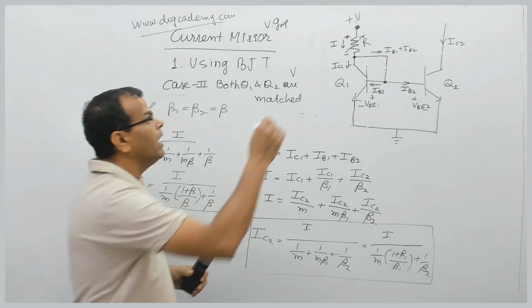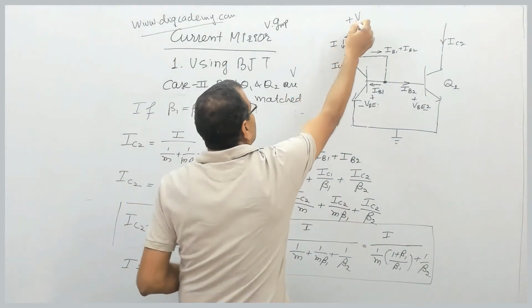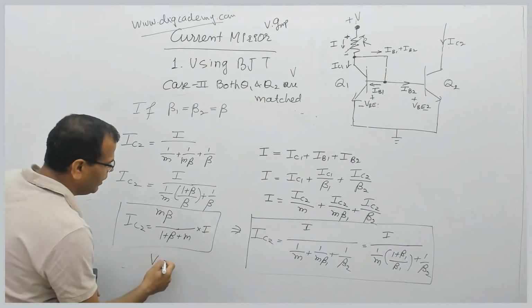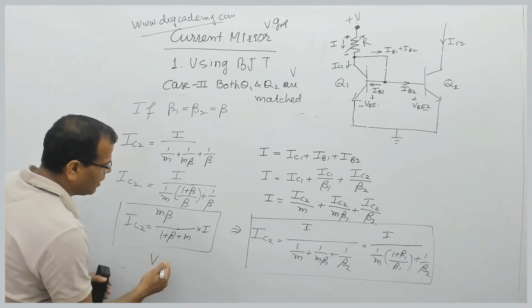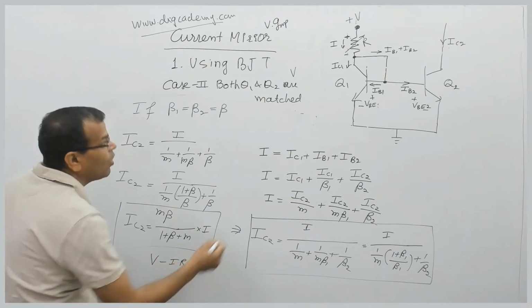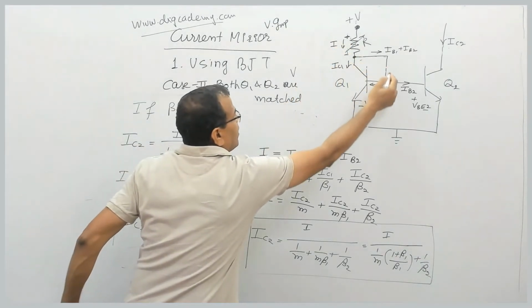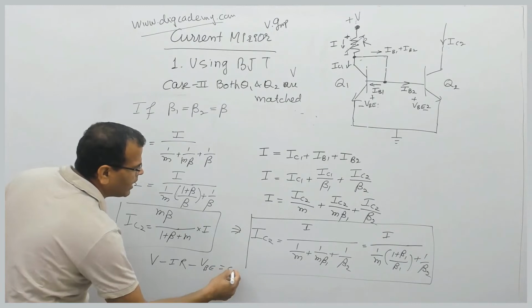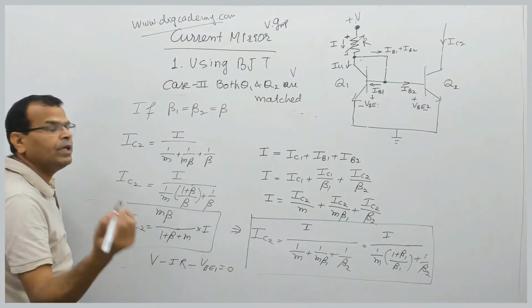We have already seen, apply KCL here. This voltage V minus the drop across this resistance, then come that way, minus VBE. I have already given you that expression, or you can say VBE1.